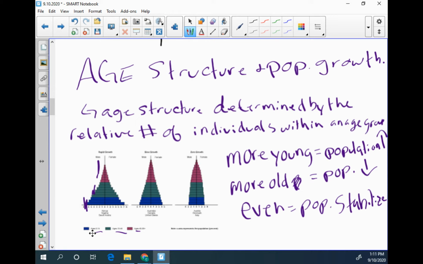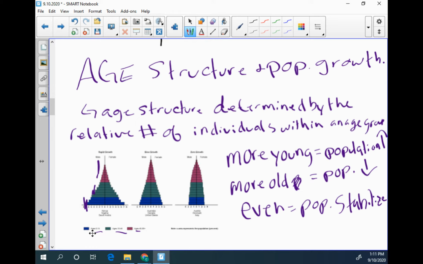So with more of the population having the potential to reproduce, we are more likely to get more babies. But if we've got like 70 old people and only 20 young people, those 20 young people aren't going to be able to make enough kids to grow the population, because those 70 old people are going to die faster than they can reproduce.